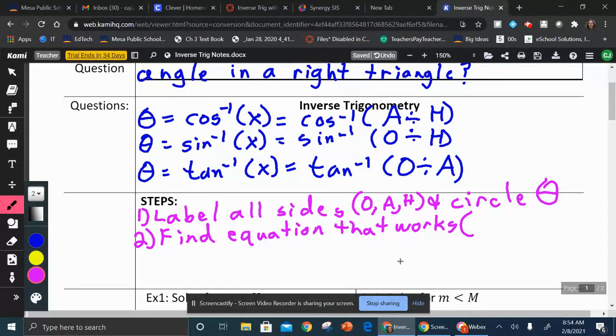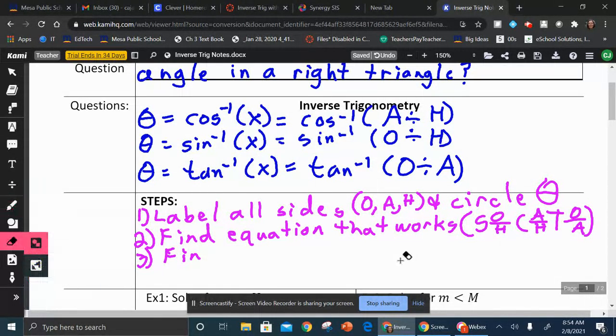Is it sine, cosine, tangent? Okay, we're going to fill in the equation. And of course, everybody, we're going to be using decimals.